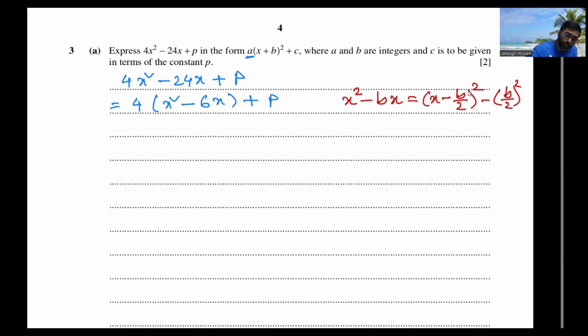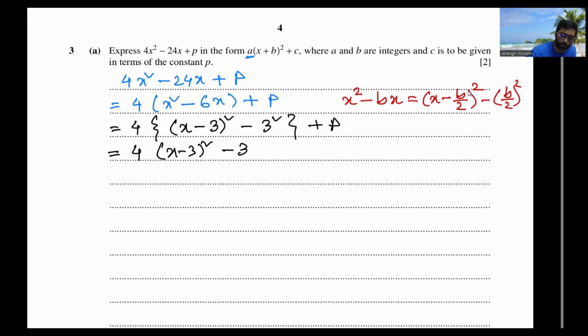Now, if you complete the square here, we have x minus b by 2. You see, b is here 6, so 6 by 2, that's 3, minus 3 square, and close, plus p. Now simplify: 4 into (x minus 3) whole square, minus 4 into 9, that's 36, plus p.